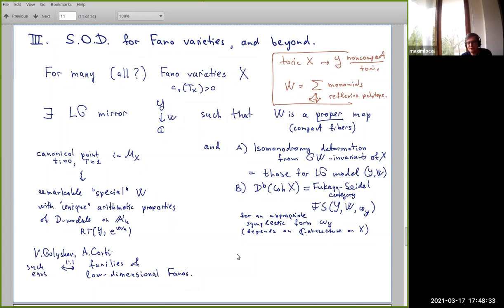So the parameters of the Landau-Ginzburg model are exactly these coordinates on this Frobenius manifold for X, but also the derived category of coherent sheaves on X is what's called the Fukaya-Seidel category of Y with respect to a certain symplectic form and maybe a B field, which depends on the complex structure on X. That's kind of the weaker point of the whole story. I will talk in a few minutes about what the Fukaya-Seidel category is. So there are two relations.